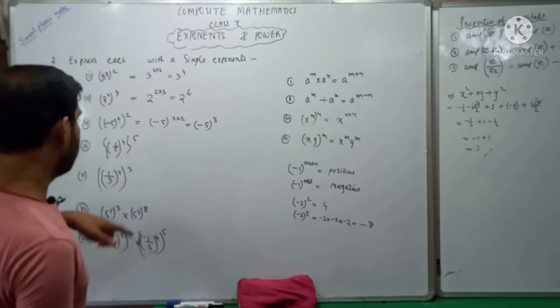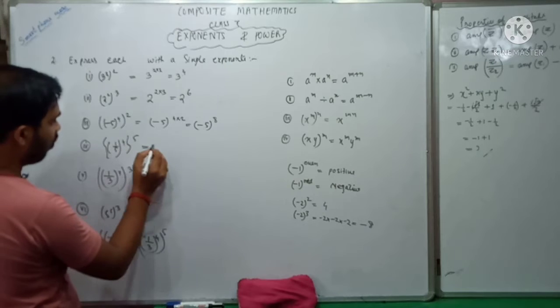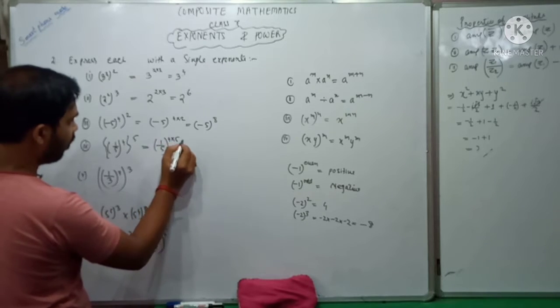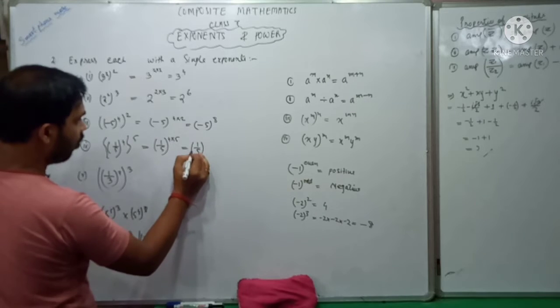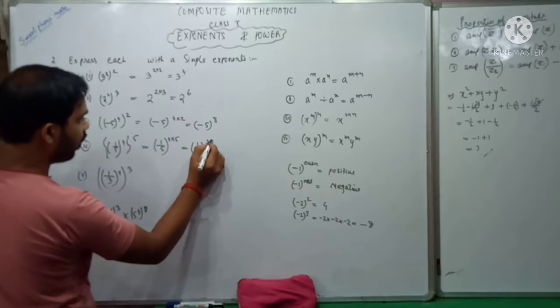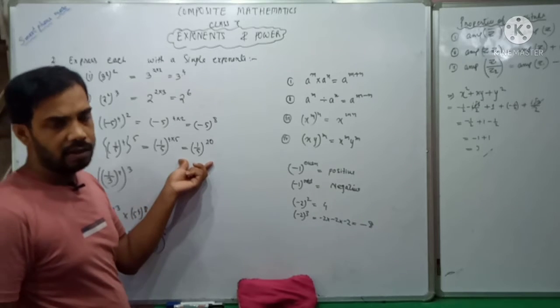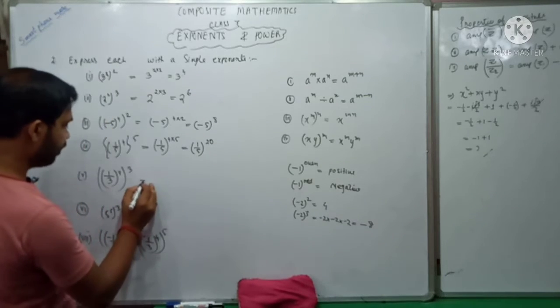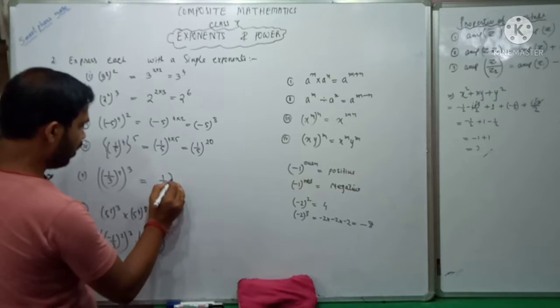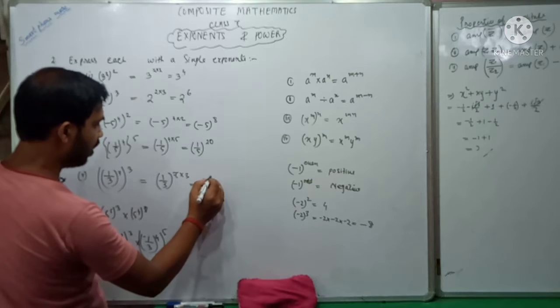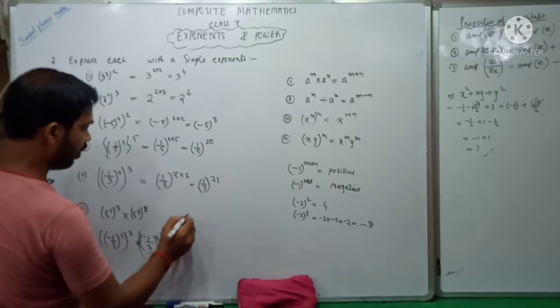Okay, so next one you see, here the powers will be multiplied, so 1 by 5 whole power 4 into 5, which is equal to 1 by 5 whole power 20. Okay, clear? If you have any doubt then please write in the comment box. Next you see 1 by 3 whole power 7 into 3. Now it will be 1 by 3 power 21.